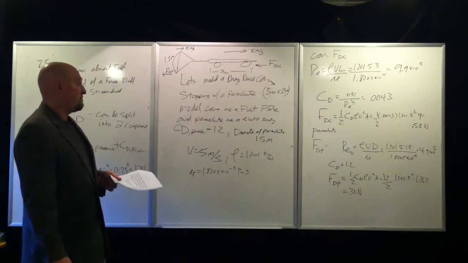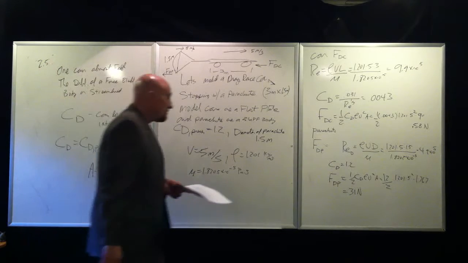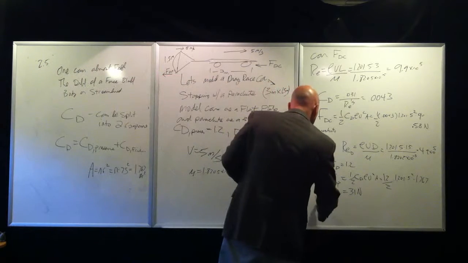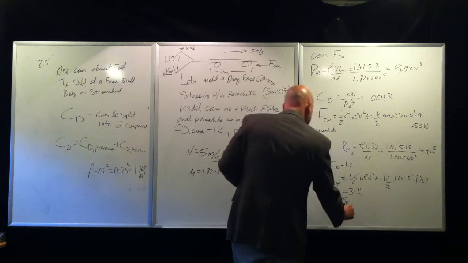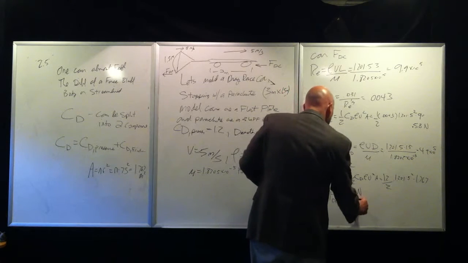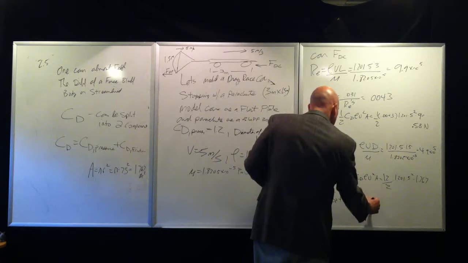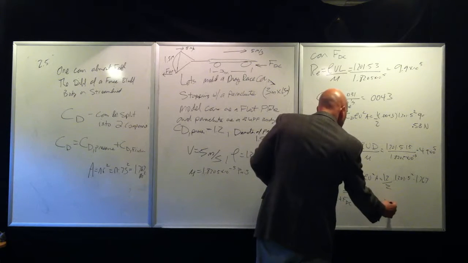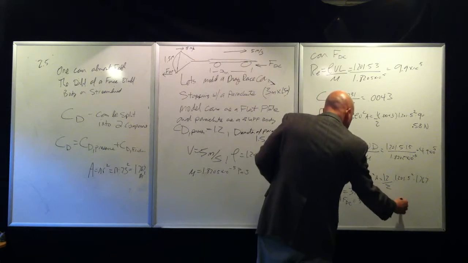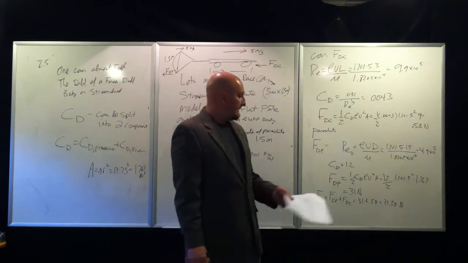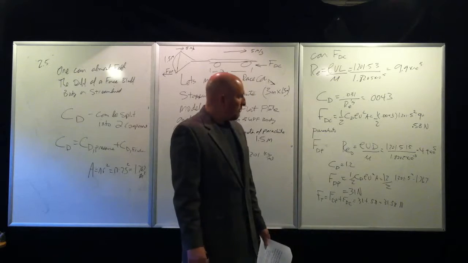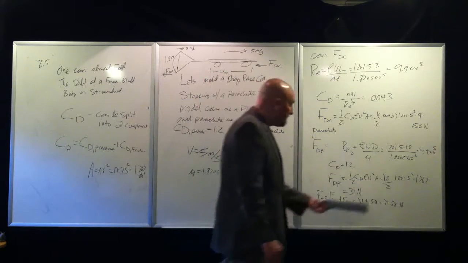The force on the parachute is much, much greater than the force of friction. So the total force equals the force of drag of the parachute plus the force of drag of the car. 31 plus 0.58 gives us 31.58 newtons. But remember, we need to utilize the correct number of decimal places.